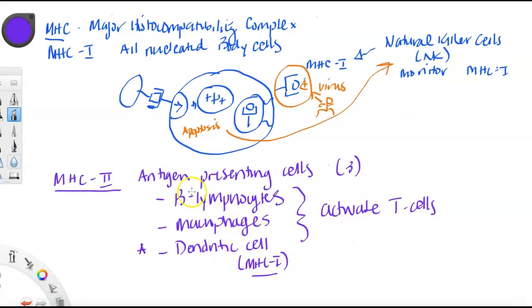All right, but the purpose of these cells is to activate T cells. They are antigen presenters. They present the antigen to T cells. Because remember, T cells can't see antigen in the body fluids. They're looking for intracellular pathogens.